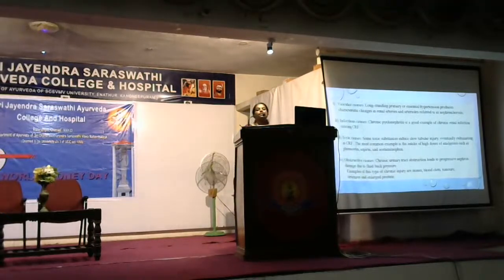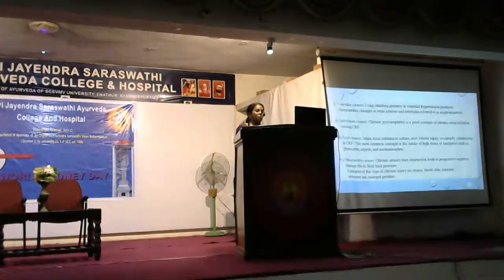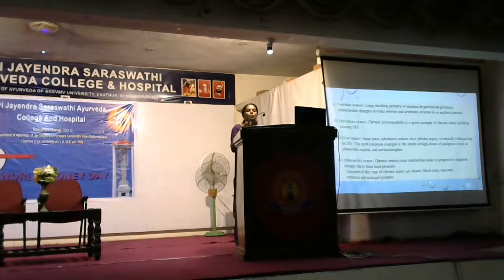Infectious causes include pyelonephritis, which happens because of repeated urinary tract infections, mainly due to certain pathogens like Proteus and others. Toxic causes are due to consumption of toxic chemicals or continuous administration of non-steroidal anti-inflammatory drugs, such as analgesics.